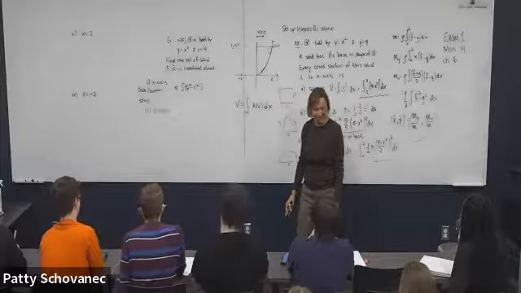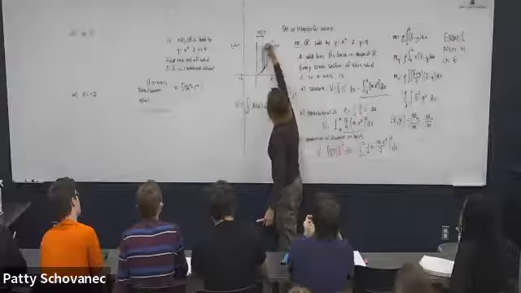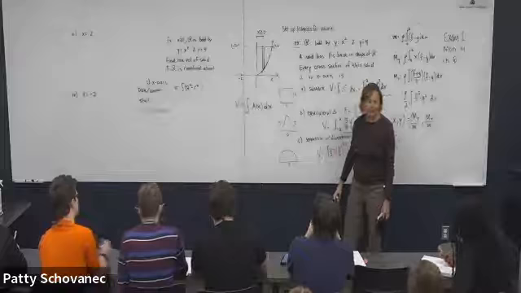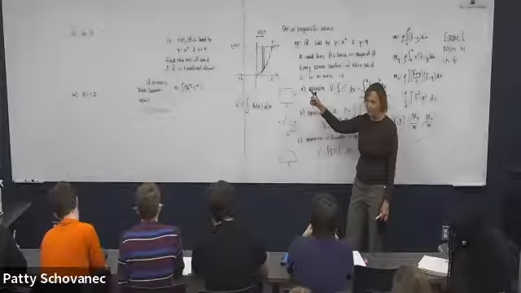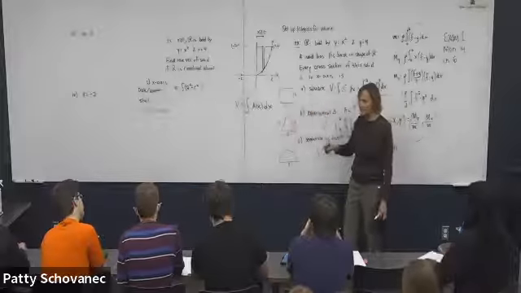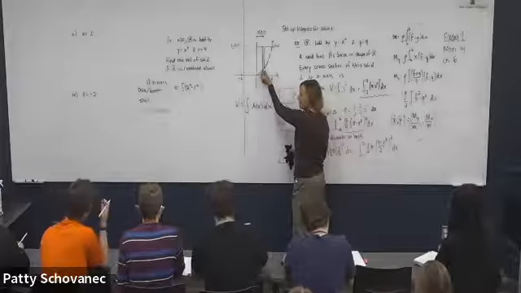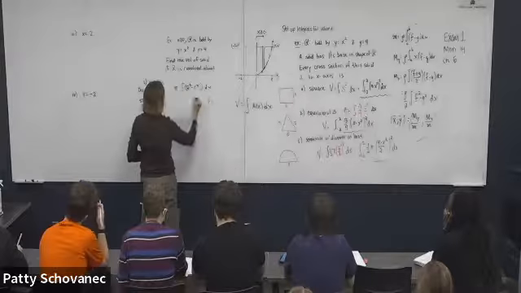So for a disc or a washer, we gotta do that. Shells are gonna go parallel. So disc washer means dx, correct? Why do I know that that's dx? Because that's upward, right? So in this example, it'll be dx.